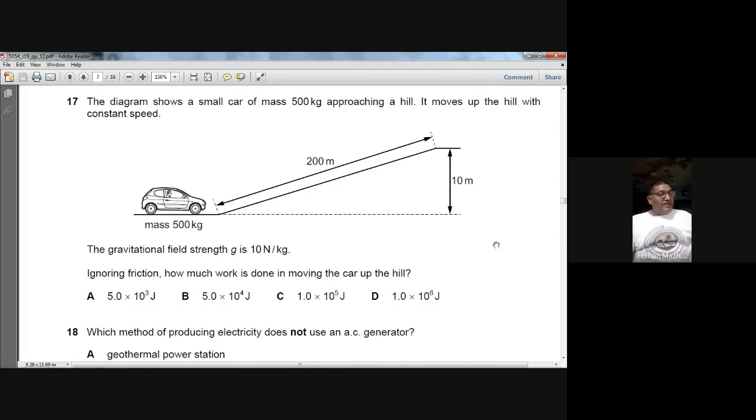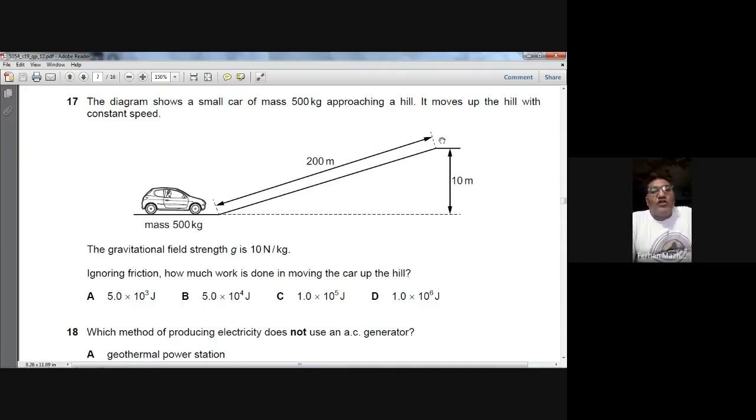So when you move the car up the hill by this ramp, calculating how much work is done, there are two methods. One method is, if you know the driving force and you know the distance traveled in the direction of the driving force, you multiply them, F into d, you get the work done.